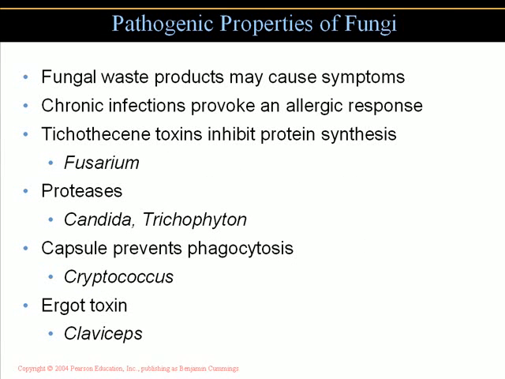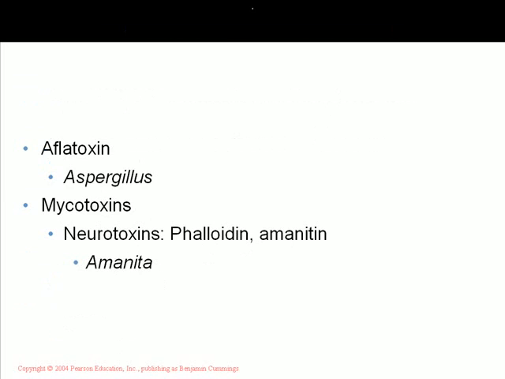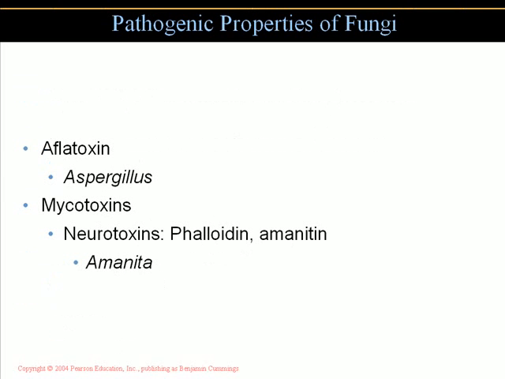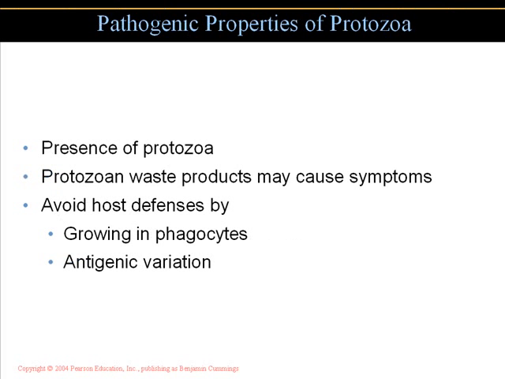There are certain organisms that will produce substances that will prevent phagocytosis, and then certain toxins, such as in ergot, will produce toxins that can lead to vasoconstrictions and other complications inside the human system. Aflatoxins, as produced in Aspergillus, mycotoxins, and the neurotoxins, phalloidin and amanitin, can also be produced by fungi as well.